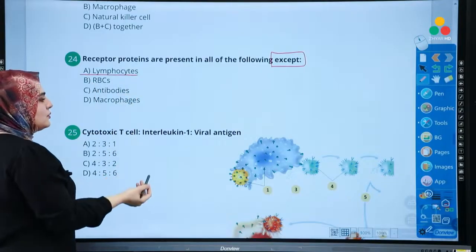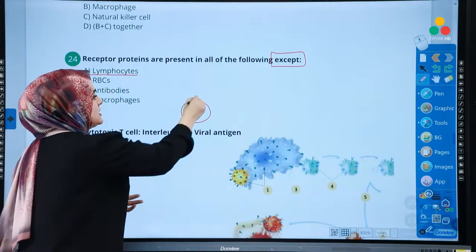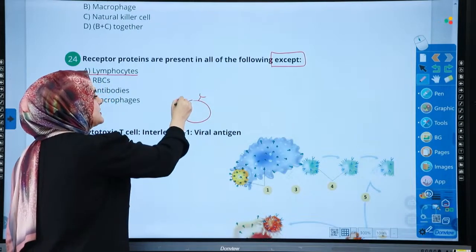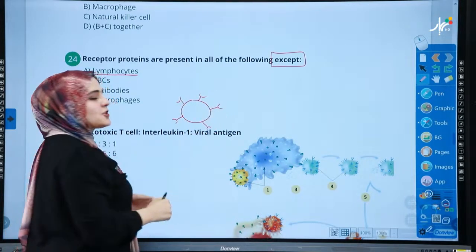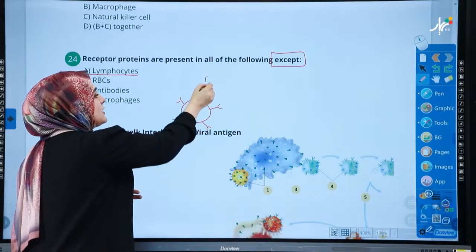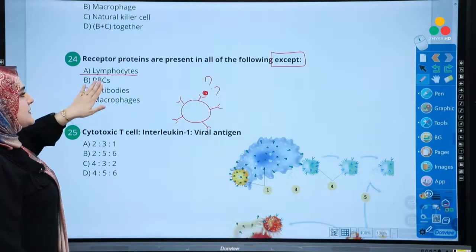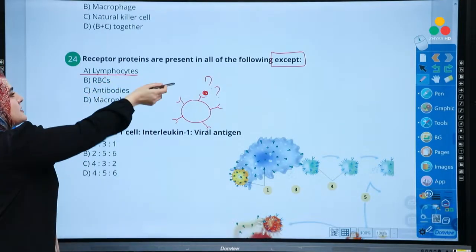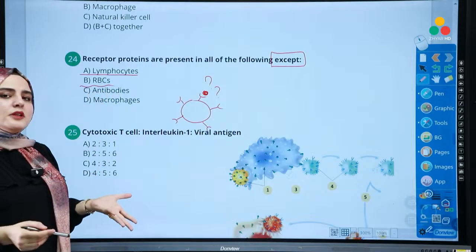Lymphocytes. Absolutely, lymphocytes are part of the specific immunity. They have these receptors on top of them that await any interaction with any antigen. Once an antigen attaches to them, they will immediately recognize it. So lymphocytes are not part of the answer because they do have it. RBC, is it part of the immunity?